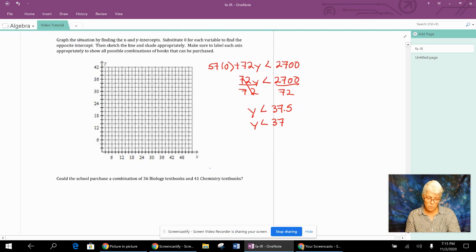Then I'm going to zero out the Y. And so I'm left with 57X. Again, I'm solving this by finding X and Y intercepts.